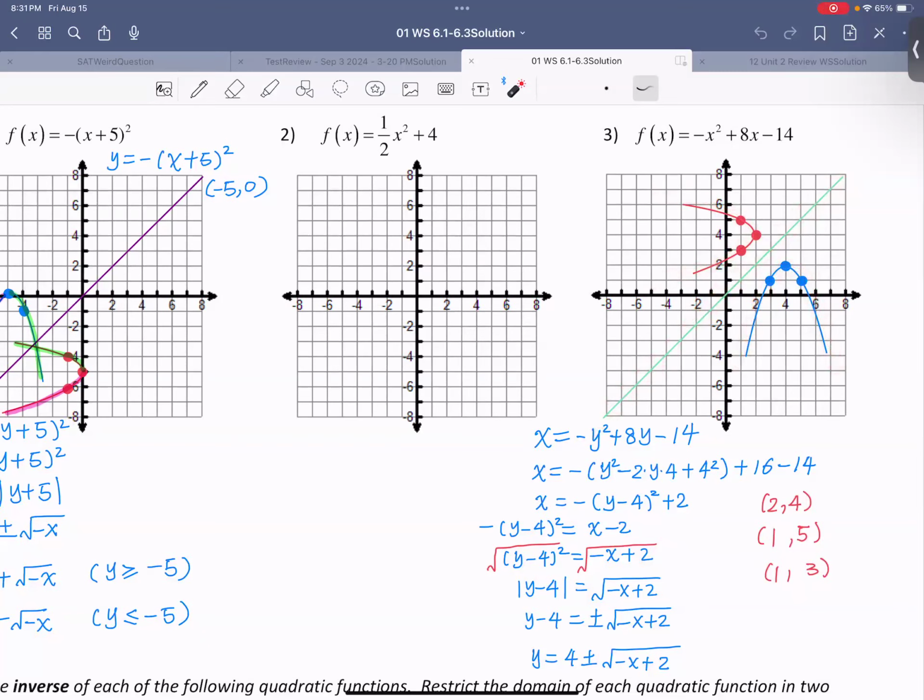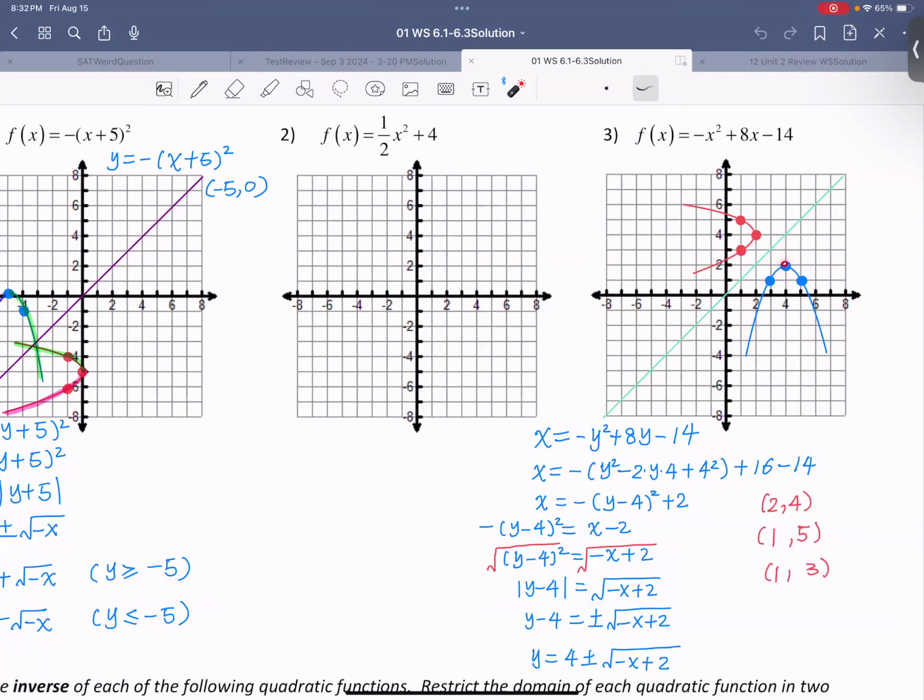But you cannot say this guy's inverse is that. Look, that guy and that guy are not inverse. This and this are the inverse to each other.